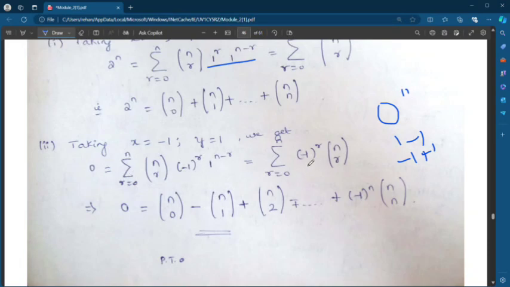Remaining is only (-1)^r. You can take either, both are fine, but it is better to take x for this, because x will have only the power of r.